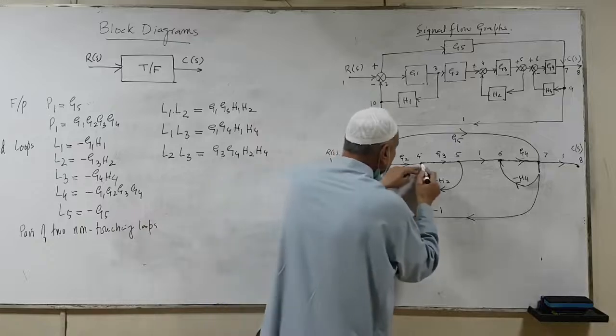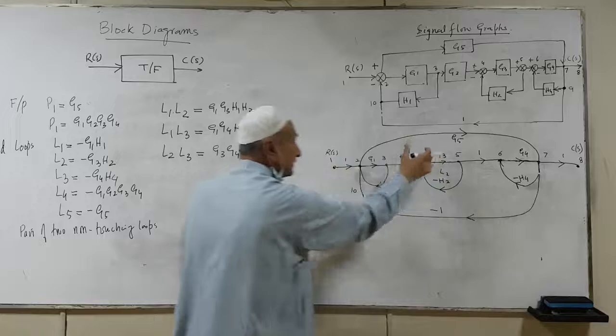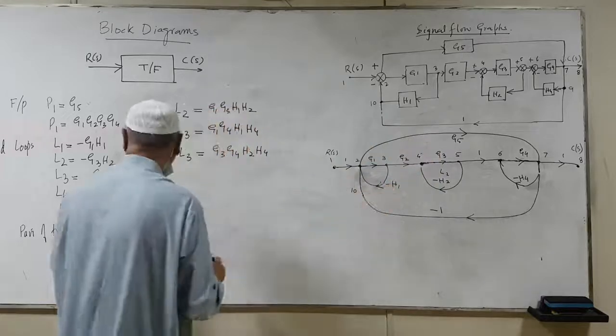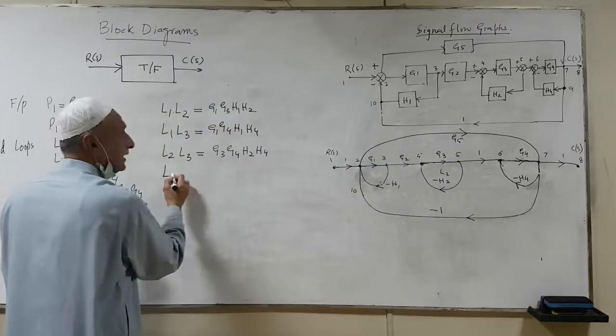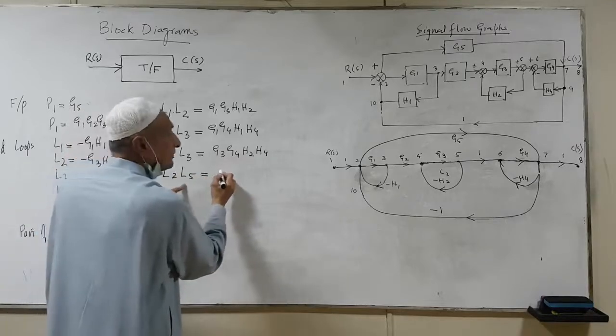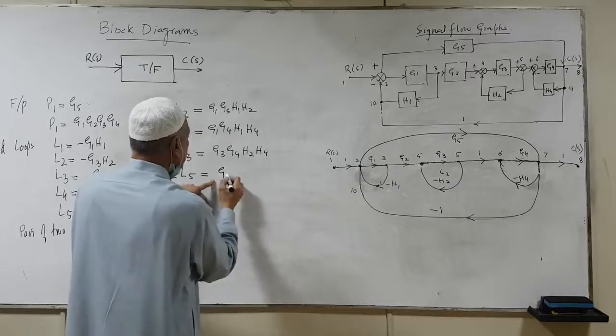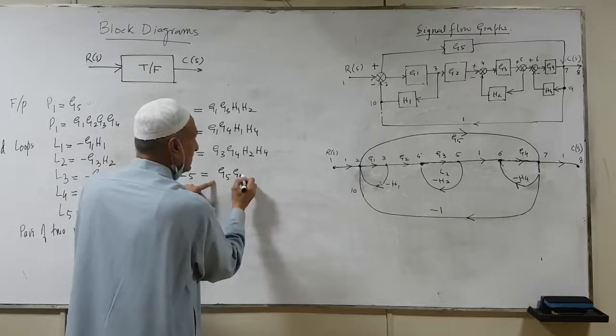And then we have this loop, L2, which is non-touching with this one. There is no node in common. So therefore we have L2 and L5. They are non-touching, so we have G5, G3, H2.